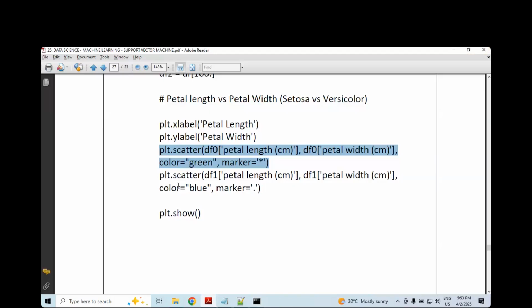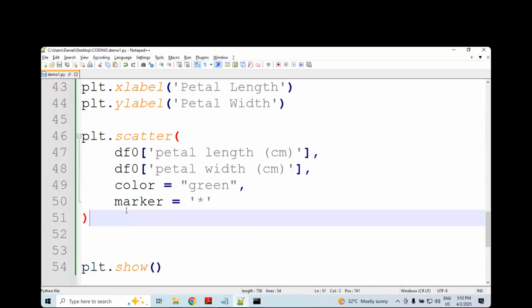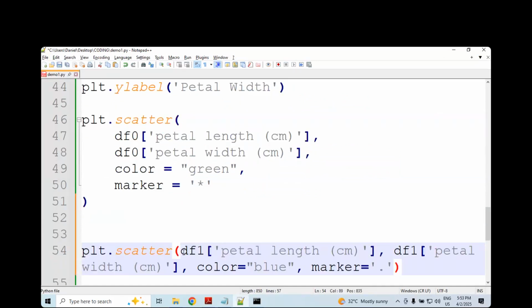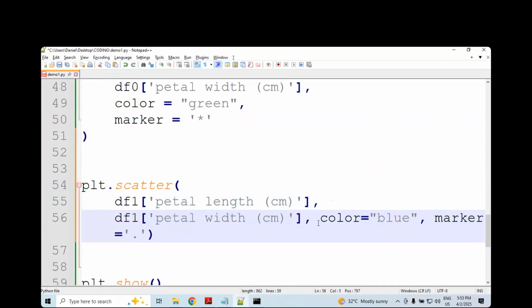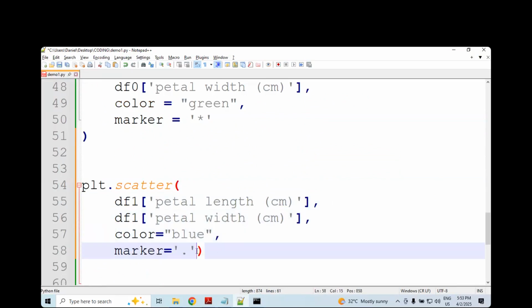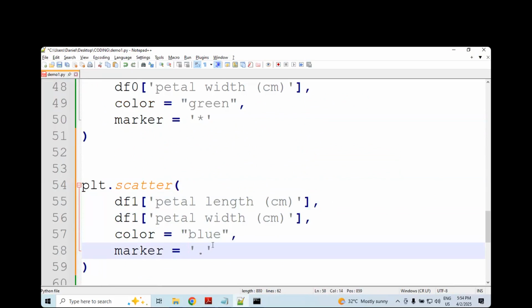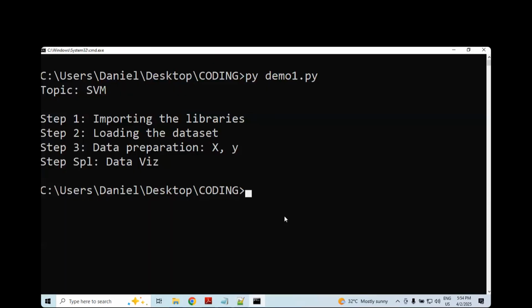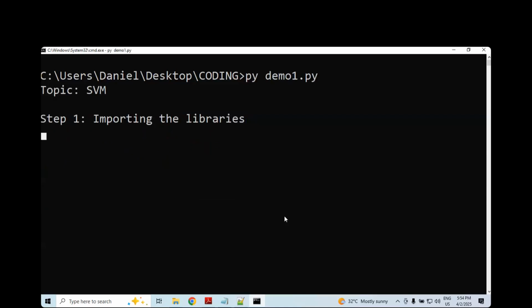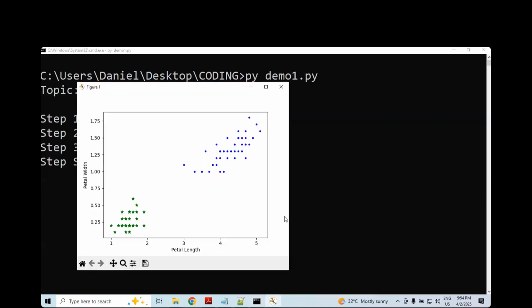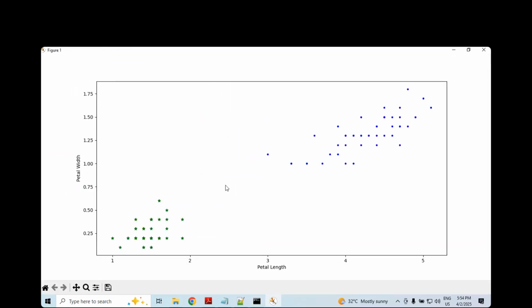Now the next point: the second type of flower I'm taking. One small point about petal length and petal width.